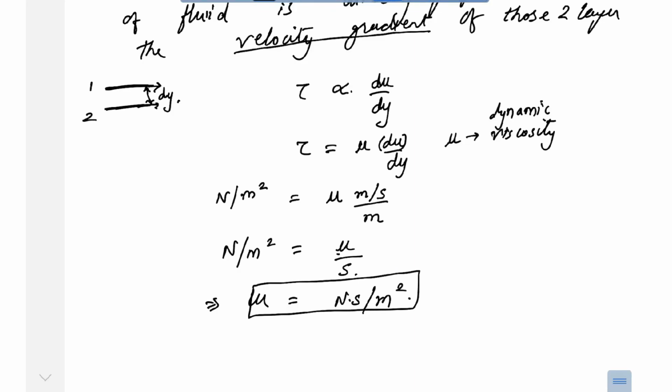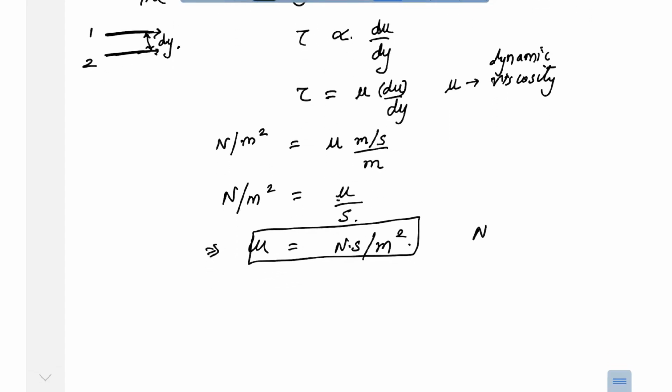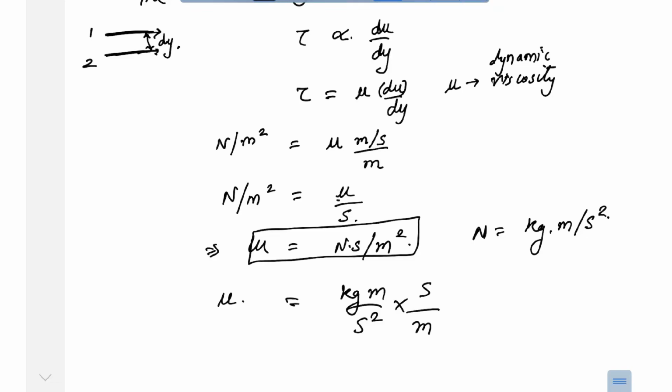But if we want to write this in terms of kg, meter, second, Newton is the unit of force, which is mass into acceleration. Mass unit is kg, whereas acceleration is meter per second square, so Newton is kg meter per second square. So the unit of mu will be kg meter per second square into second upon meter square, which equals kg per meter second.